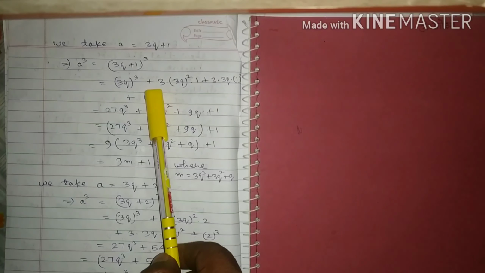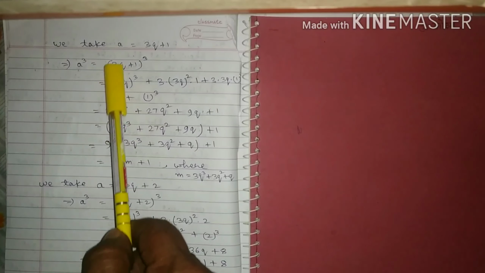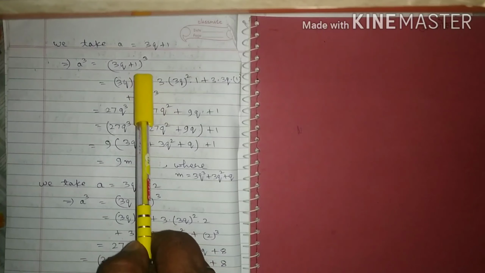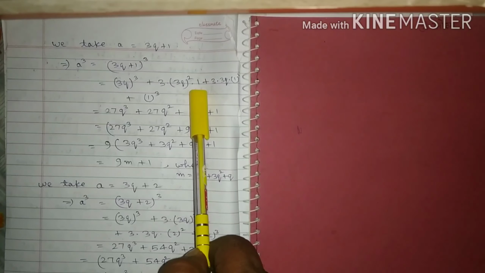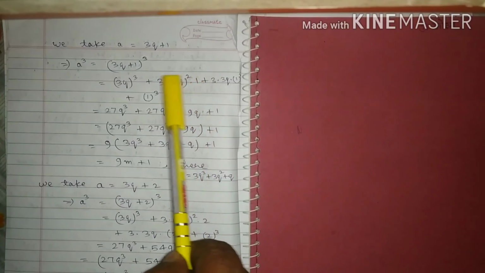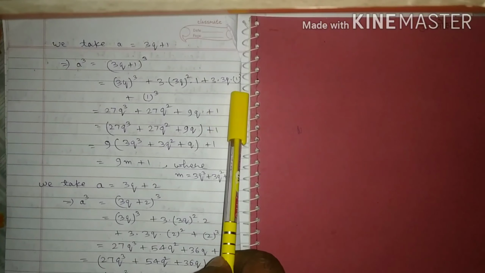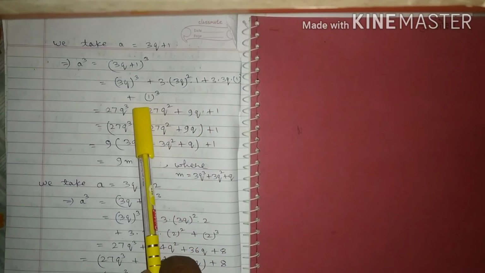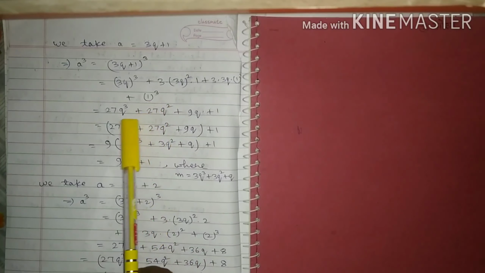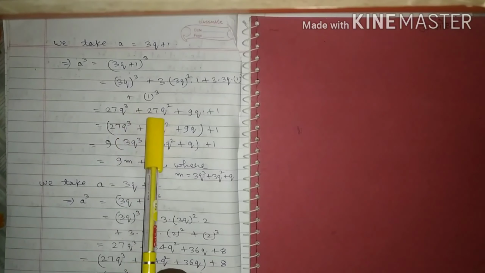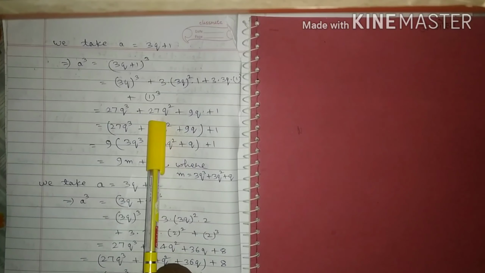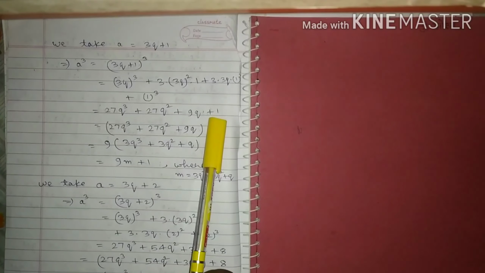So using this formula, we write 3q the whole cube plus 3 into 3q the whole square into 1 plus 3 into 3q into 1 the whole square plus 1 the whole cube. This step can be written as 27q cube plus 27q square plus 9q plus 1.